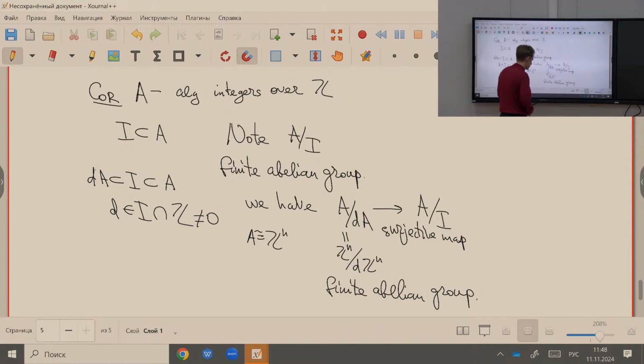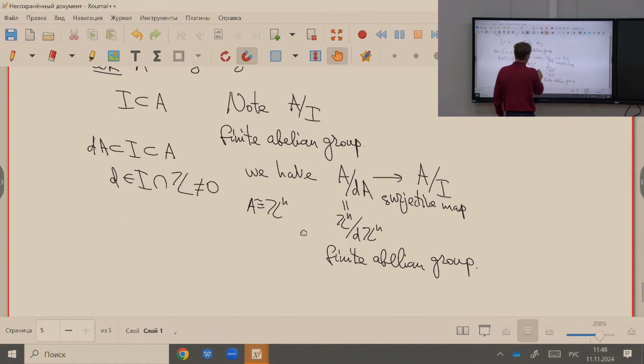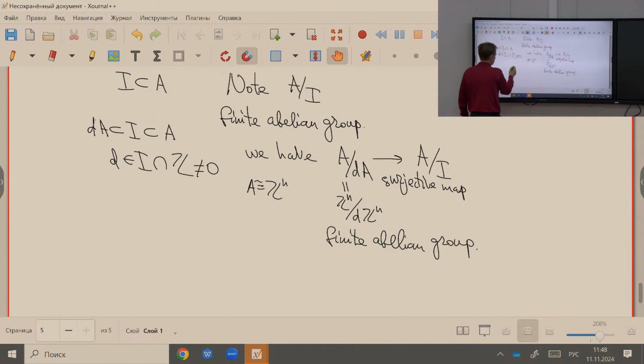So this means that you have this kind of property, and one can introduce a norm.